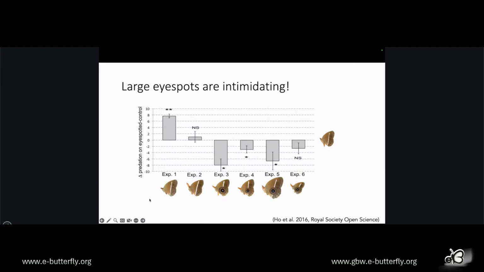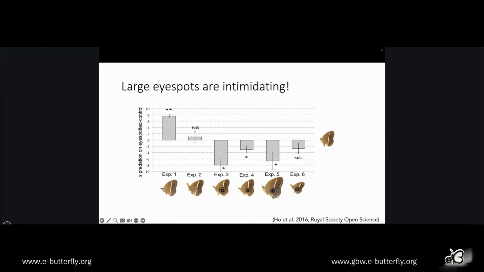So he sets up every one of these different wing patterns here at the bottom. He sets them up in equal numbers together with a control wing pattern that has no eye spots at all, just a band. And he looks at the proportion that gets eaten relative to the one without eye spots.